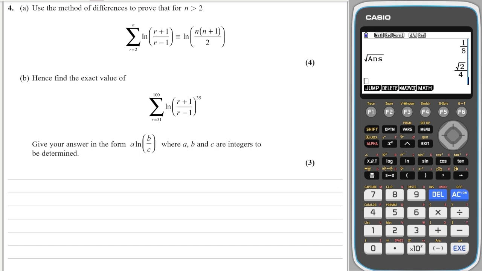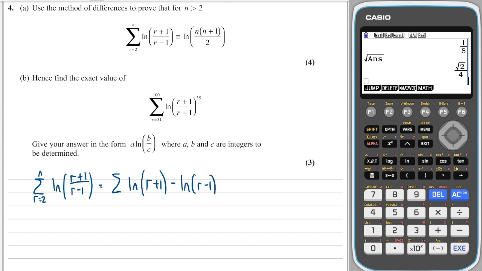I'm going to start by using our ln rules to split this up. So we can say that the summation of r from 2 to n of ln of (r plus 1) over (r minus 1) is the same as, using ln rules, the summation of ln of (r plus 1) minus ln of (r minus 1).